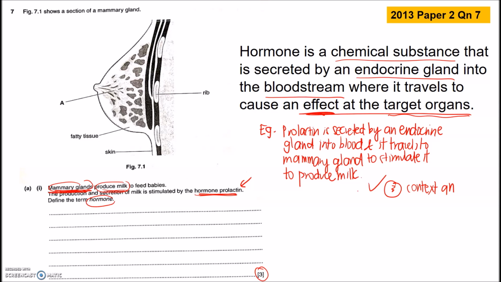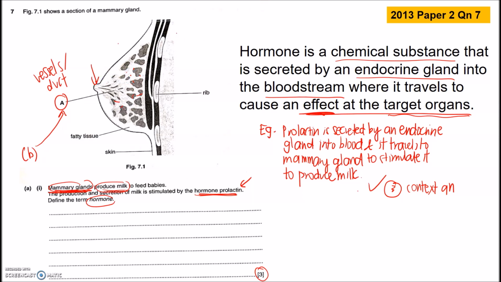Now there's actually another part, part B of this question, which asks what is the function of A over here. So if you look very carefully at A, right, it kind of looks like some sort of vessels, okay, or like some kind of a duct which transports something from all these tissues, okay, around here to the nipple of the breast.